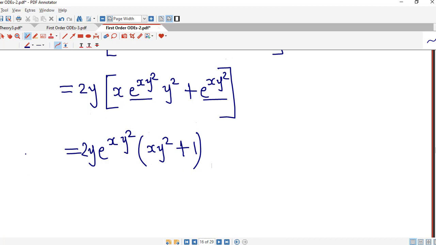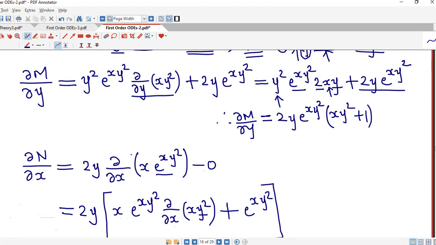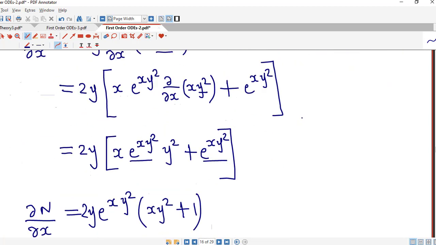So this is the partial derivative of capital N with respect to x, 2y e raised to xy square times xy square plus 1, and here also the partial derivative of M with respect to y is 2y e raised to xy square times xy square plus 1.